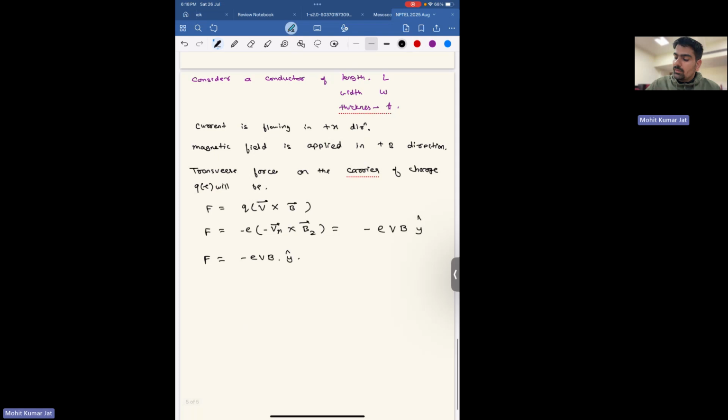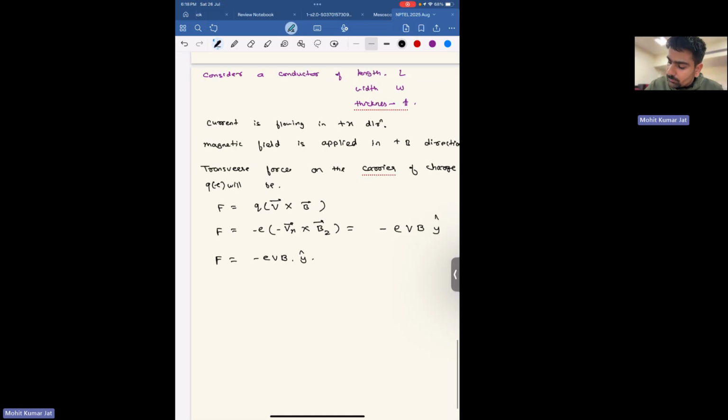Now they will be getting accumulated, but after a certain accumulation there will be an electric field because of these carriers. The force because of this electric field will counter this Lorentz force, which will give rise to a balance between these two.